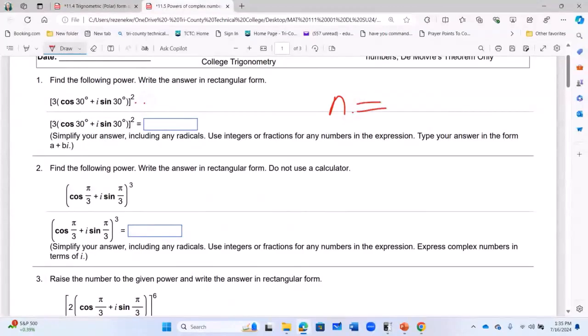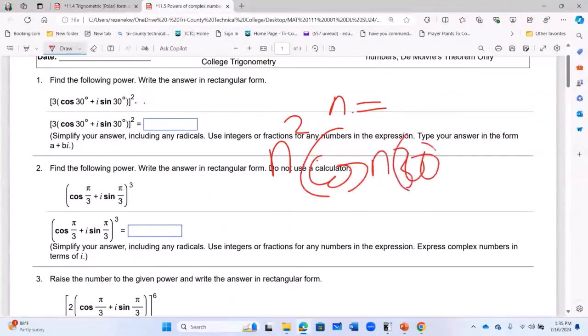If this is n, you can now say that you multiply that n squared into cosine of n times the angle in the middle, plus sine of n times the angle in the middle. All right. So now let's multiply this.